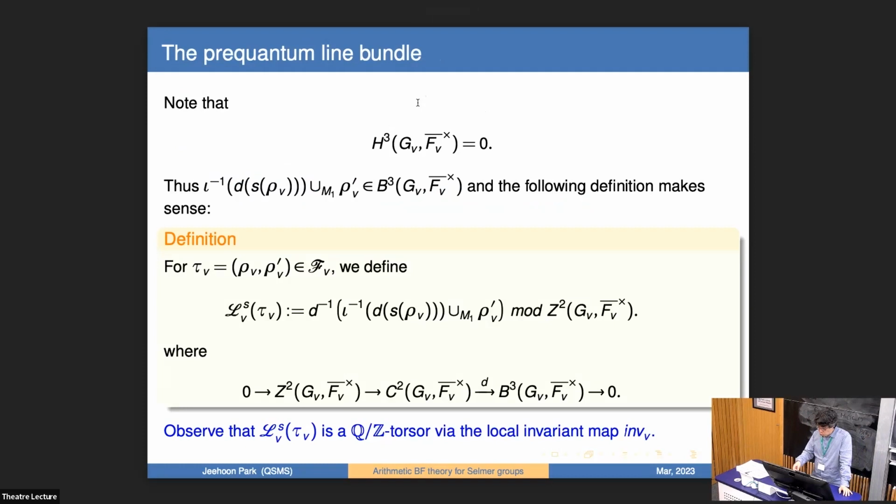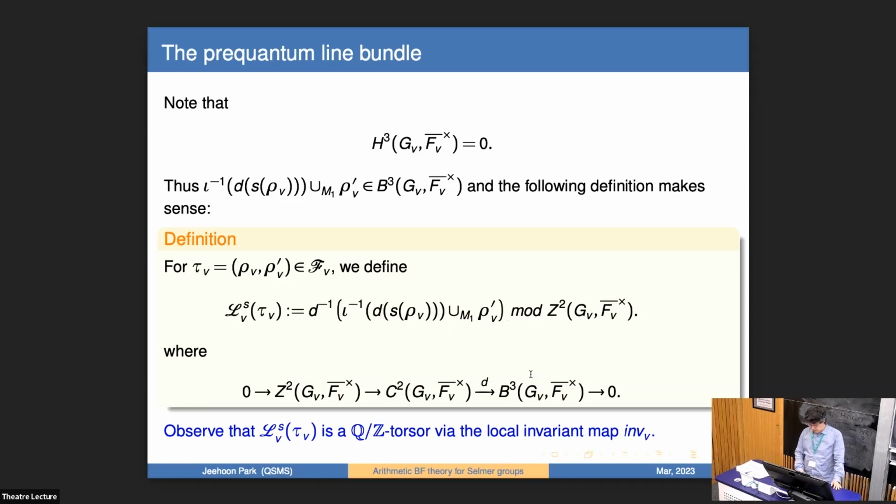So you can take the inverse image of this, iota inverse ds rho_v cup rho_v prime, and then take the modulo, not G2, this is a typo, sorry, it's B2, the boundary of G_v, F_v star.